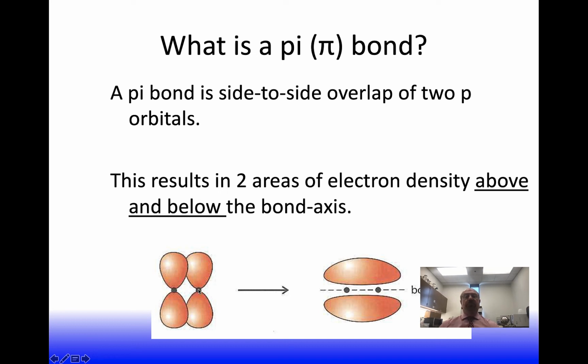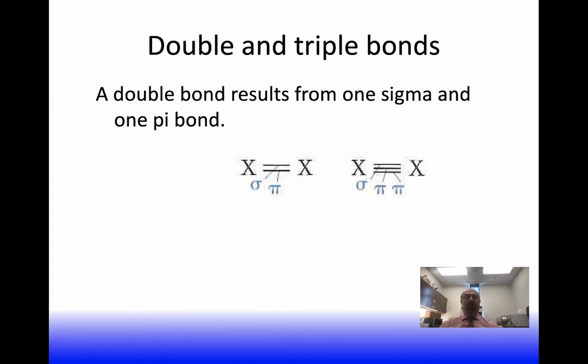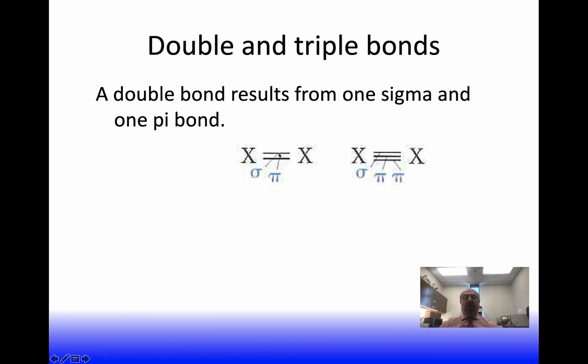So for instance, if you have an oxygen molecule, two oxygens covalently bonded to each other, what you end up with is one sigma bond, and that sigma bond will come from end-to-end overlap of two of the half-filled p orbitals, one from each oxygen atom. And the other bond you get is a pi bond, and that results from the side-to-side overlap of the other half-filled p orbitals on each of the oxygens.